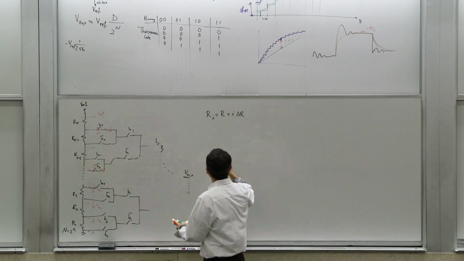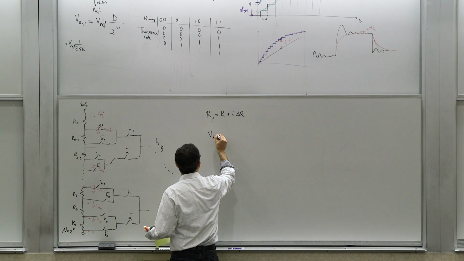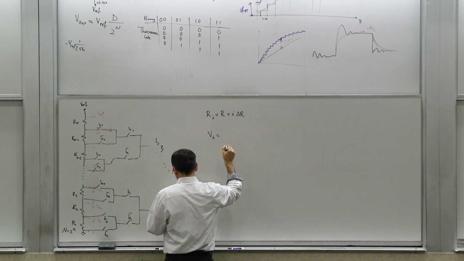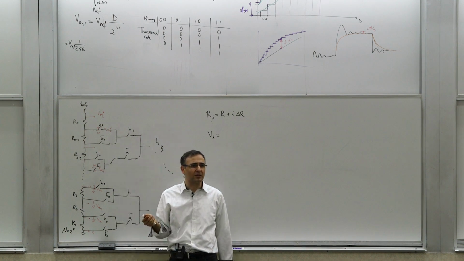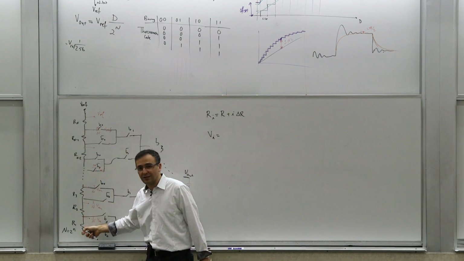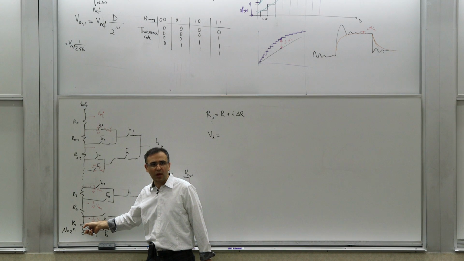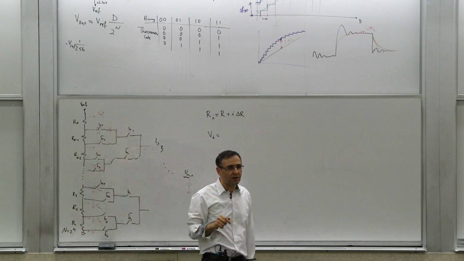Now, the voltage on the ith node is going to be what? It's a resistive divider, right? It's the sum of all the resistances underneath it divided by the sum of all the resistances, right?